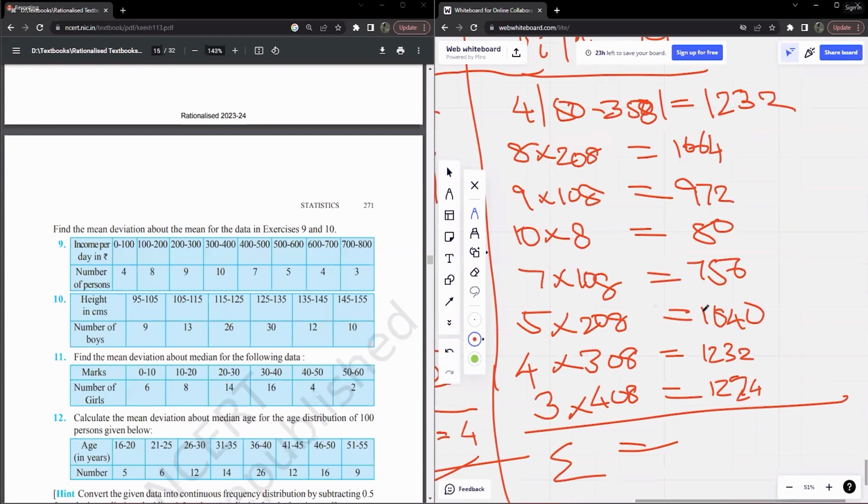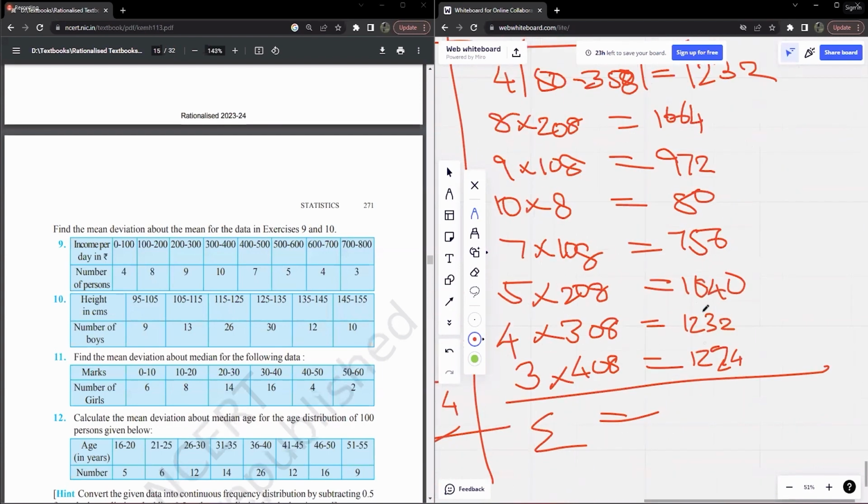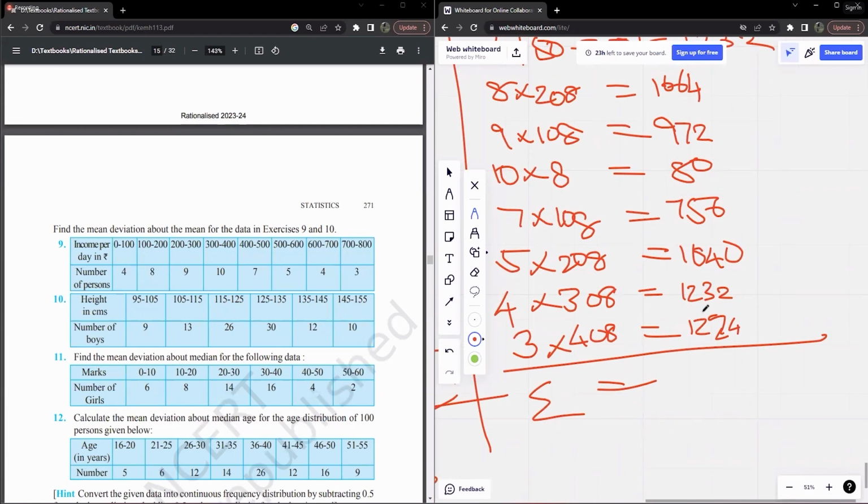And all this will sum up to give me 7,800. Wait a minute. 7 digits.